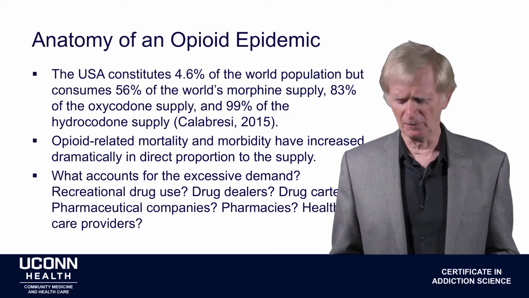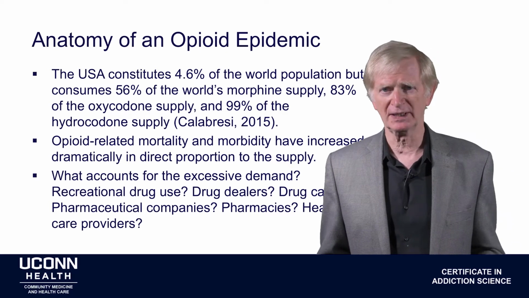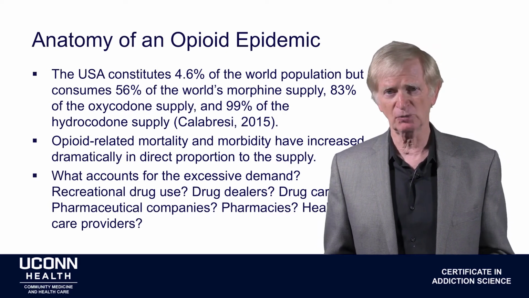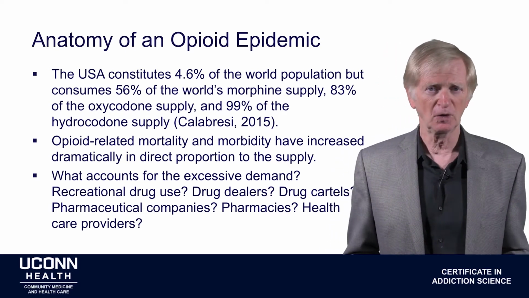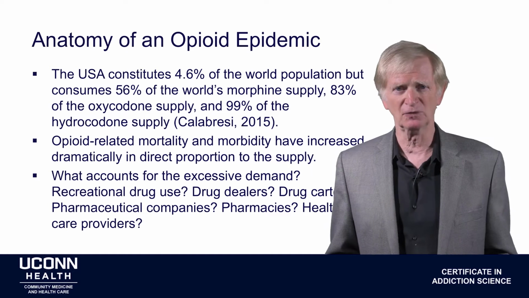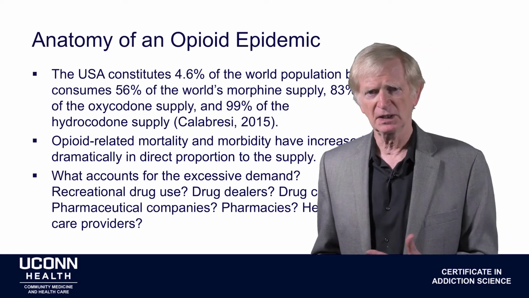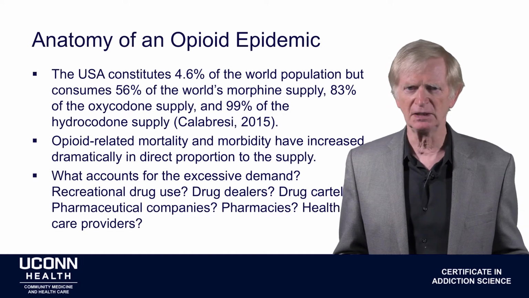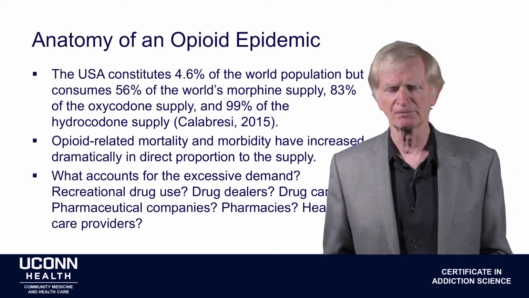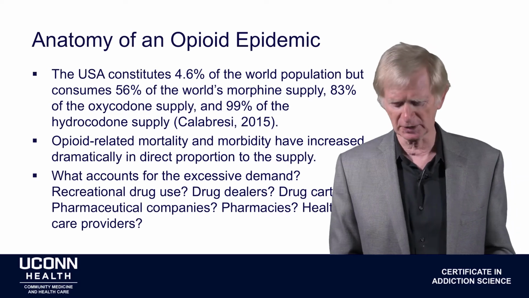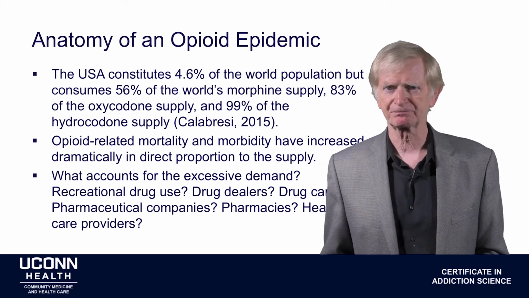So for some reason, the US population is particularly prone to consuming opioid pain medications. And that may help to account for the high rates of overdose deaths that we're experiencing, not only for prescription drugs, but as people transition back and forth between the legal market for prescription medications and the illegal market for opioids, we get a confluence of both the illicit market and the licit market.